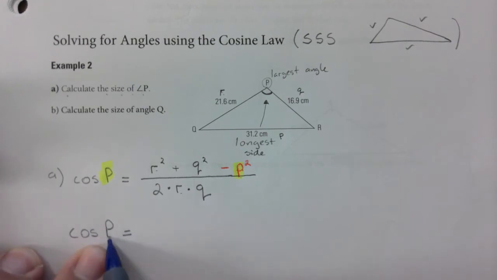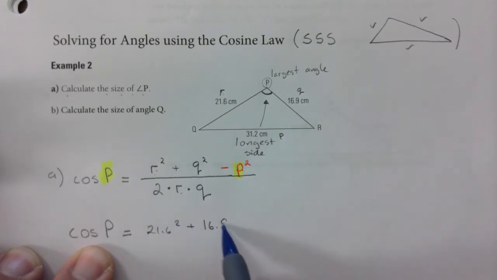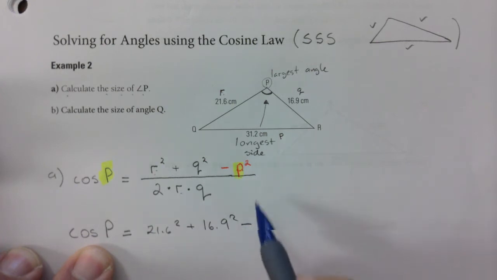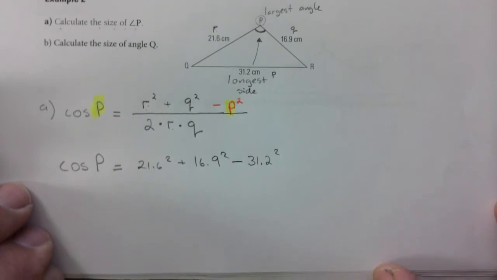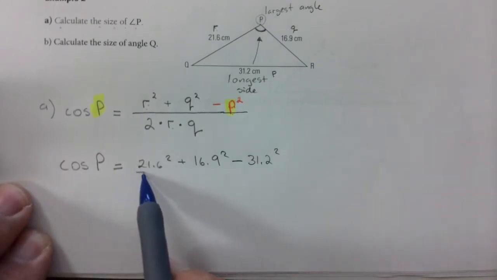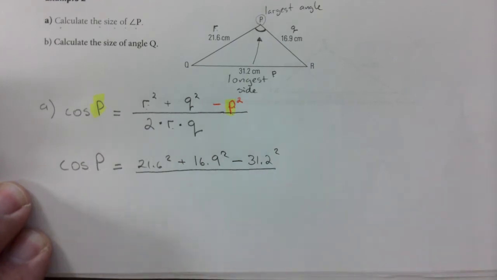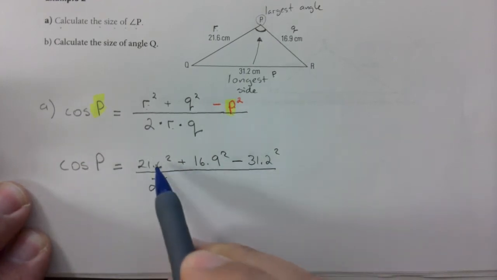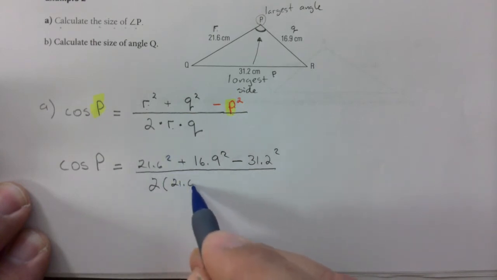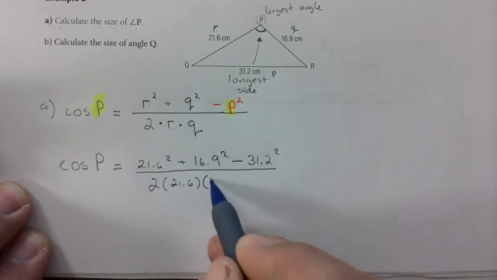So cosine of P is r squared, which is 21.6 squared, plus q squared, which is 16.9 squared, minus, you got to make sure you get that right, minus p squared, which is 31.2 squared, over 2 times R, and R I already used up there, which is 21.6, and Q is 16.9.